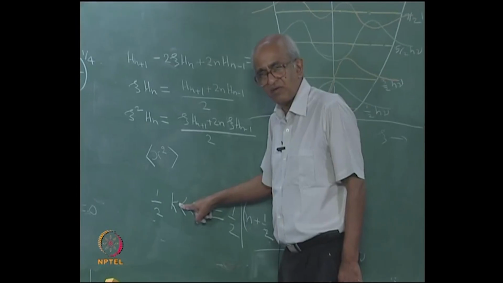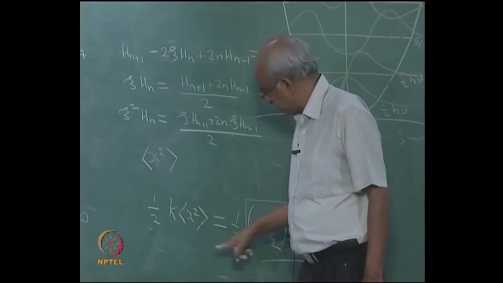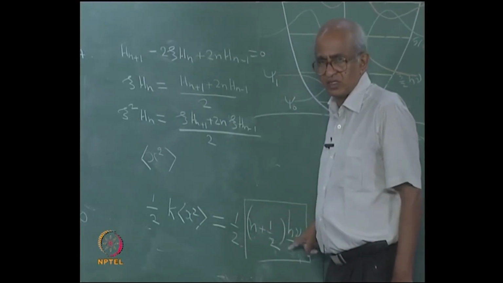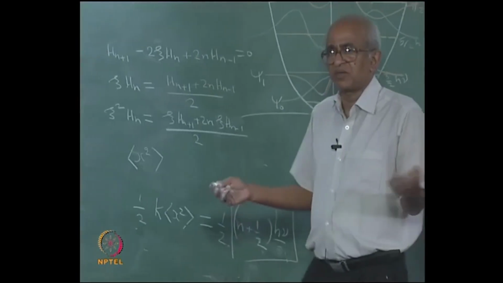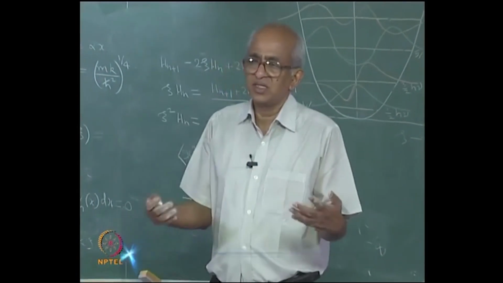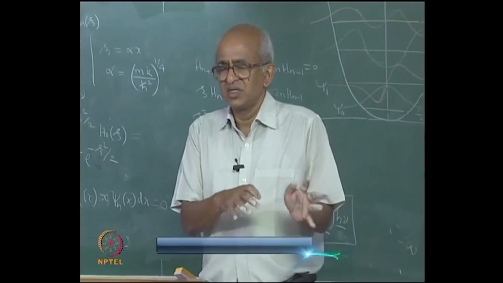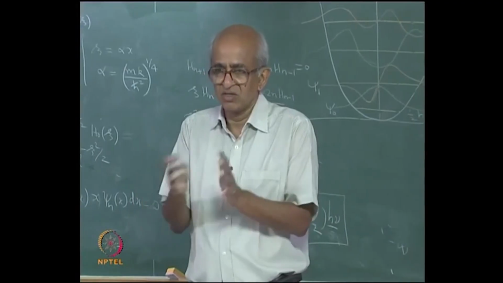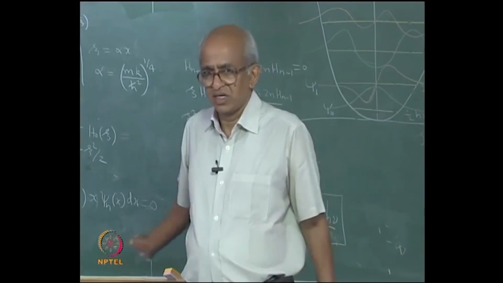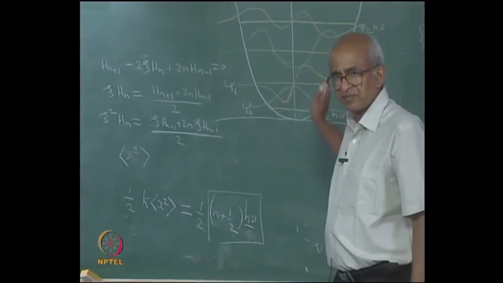So, this says that the average value of the potential energy is equal to half the total energy, which is not surprising, because the system has both kinetic and potential energies, and for this system the average value of potential energy is equal to half the total energy. That is all that happens, and you will get this result if you evaluated these integrals.